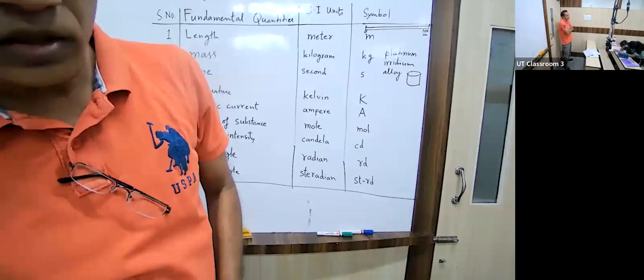A body is said to be undergoing uniform motion when it covers equal distances in equal intervals of time.